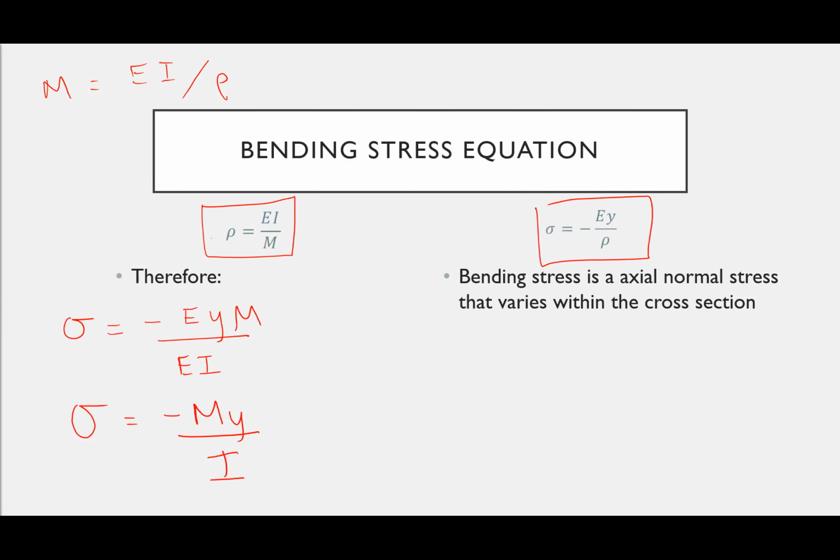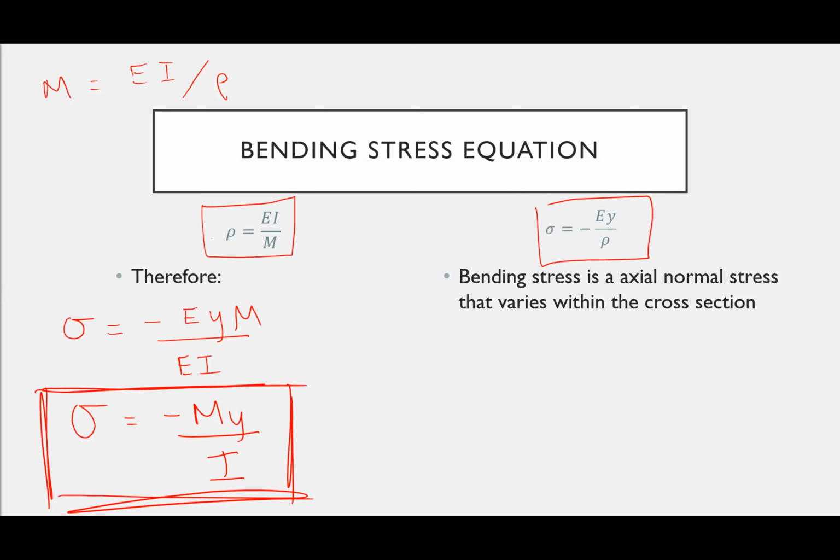Negative My over I. I didn't make that up, but it's good. So now we have an equation for stress that doesn't have rho in it, because we don't really know rho. I don't bend a beam and say, oh yeah, that sure looks like a radius of curvature. You don't do that. But what you do know is how much moment was applied.